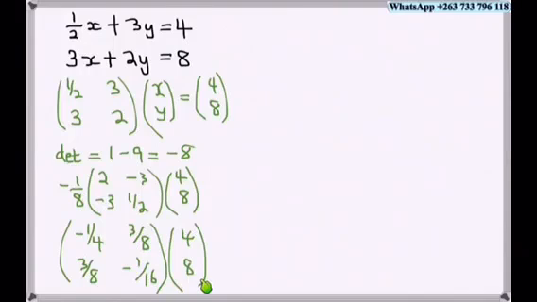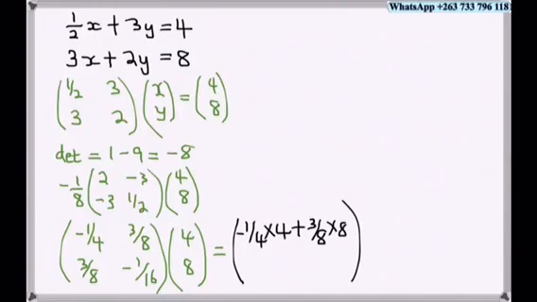Then we multiply by our answers, 4 and 8. Therefore, row by column: minus a quarter times 4 plus 3 over 8 times 8. Let's do that. Here you see that we have minus 1 plus 8 will cancel here, plus 3.